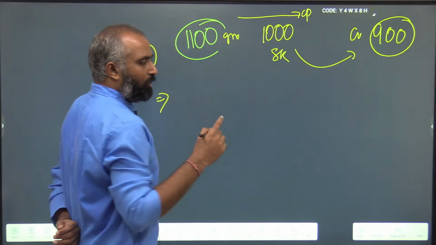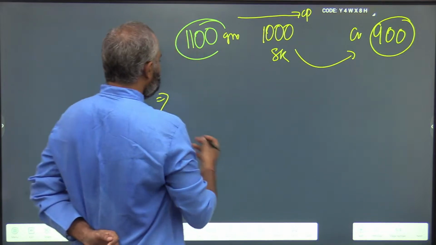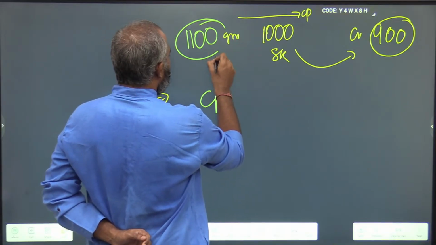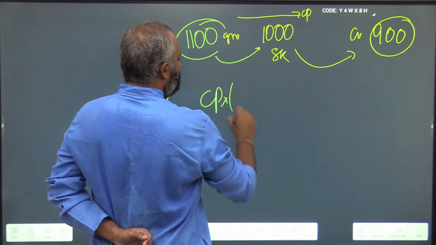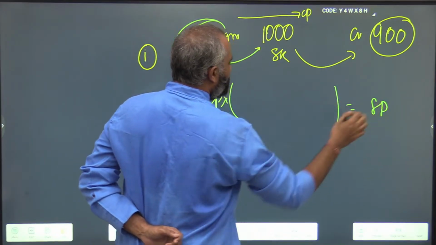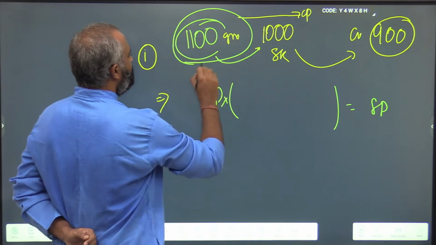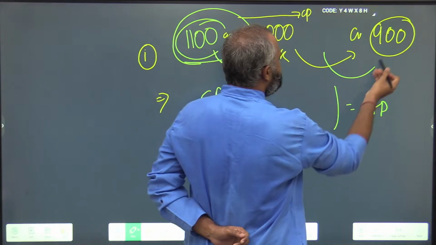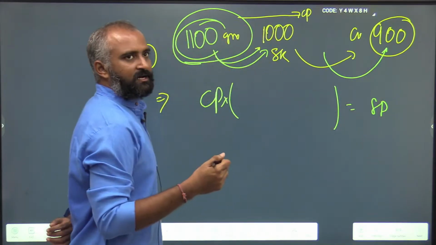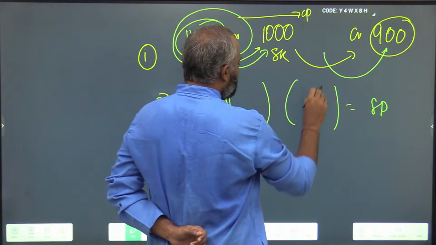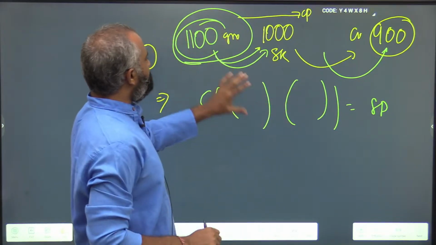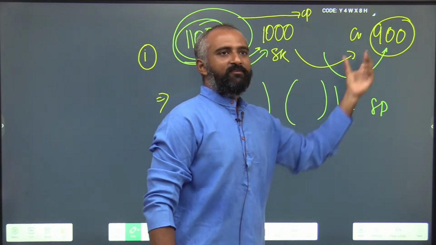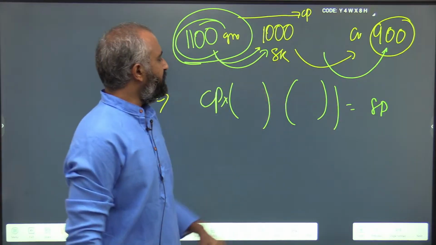You see, the overall profit is as this: cost price into, the whole multiplication factor has two steps here. One step is his gain by cheating the wholesaler, and second one is his gain by cheating the customer. So the overall equation will have two factors, one corresponding to his gain from the wholesaler and another one corresponding to his gain from cheating the customer.